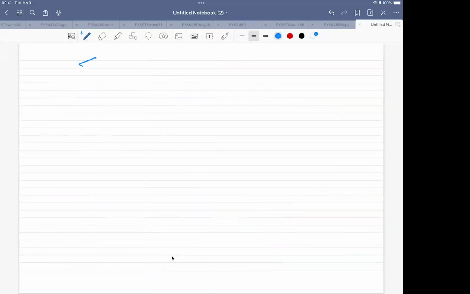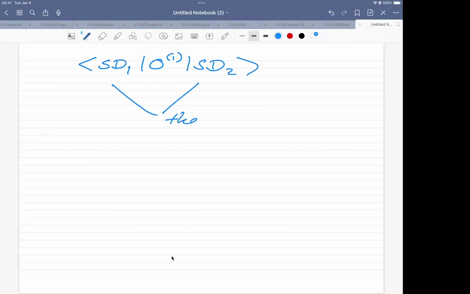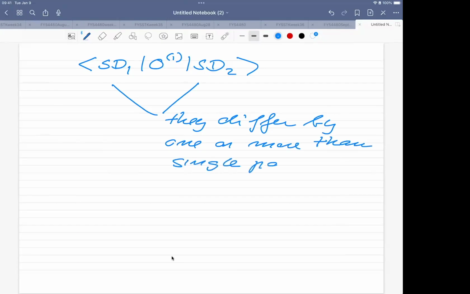So if I have a Slater determinant 1 here, and a Slater determinant 2 here, and the only thing is that they differ, this can be a many-body or more than one single-particle state. If that is the case, then this expression is exactly equal to 0. Yeah?